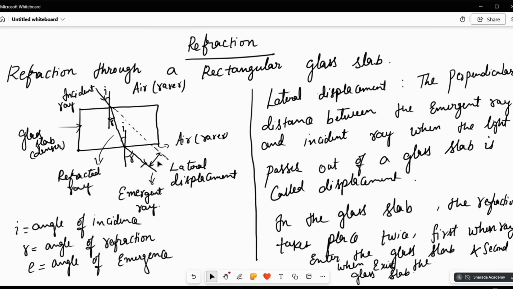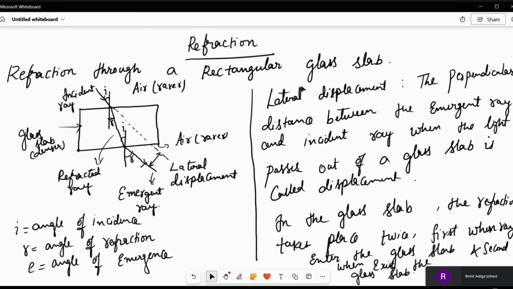That shift, they call it lateral displacement. Whenever they ask about lateral displacement, you just write this: it's the perpendicular distance between the emergent ray and the incident ray when the light passes out of the glass slab, is called lateral displacement.